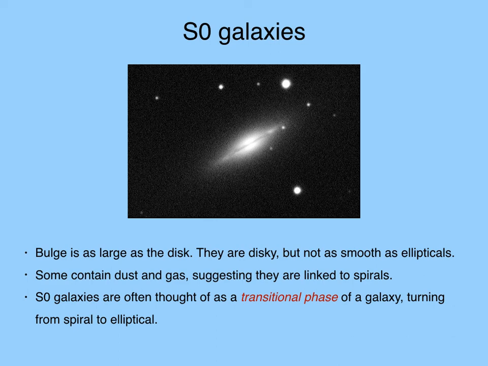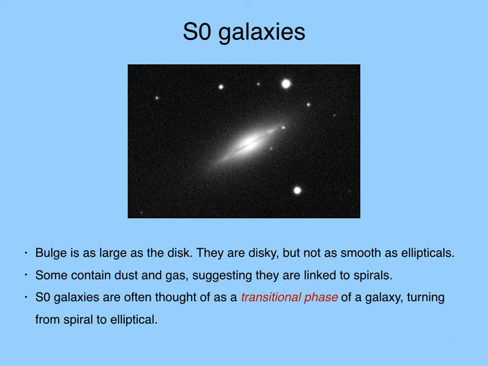So they have a disk, but the disks are not as smooth as the spirals. Some of the S0 galaxies may contain dust and gas, suggesting that they are linked to spirals.